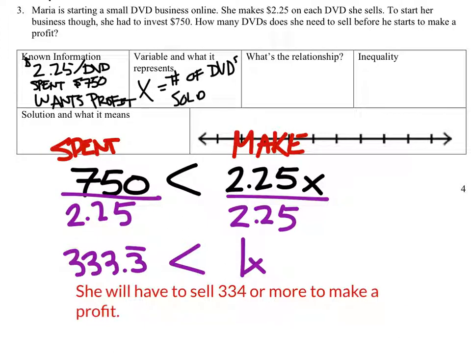Alright, well, now that we have that, let's go ahead and make our graph. I guess we have enough space to use that one. So 333, it's a big number, then 334, and then 335. 334, open or closed? Open.